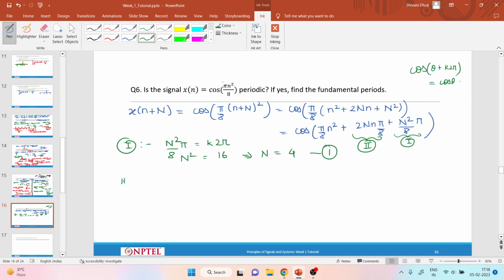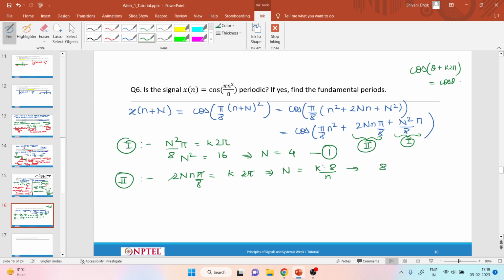And let us look at the second term. So that is 2nN pi by 8 equal to some integer multiple of 2 pi. So this gets cancelled, which implies that N is equal to k times 8 by n. So for any value of n, the maximum value for N will be equal to 8.